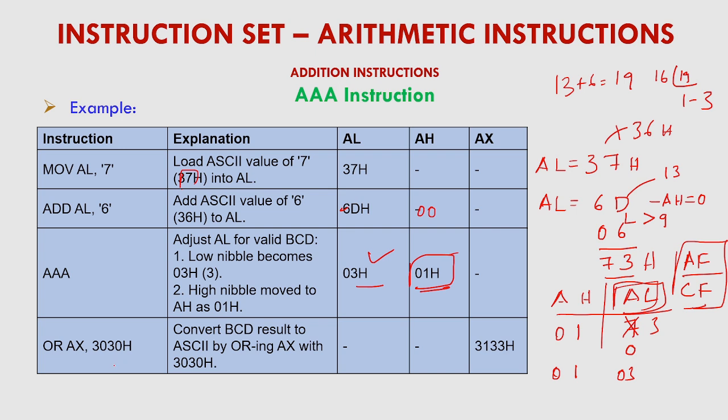Why? To convert to the equivalent ASCII value. Once you do this, you will get 3133, right? That will be the value in your AX. This is the corresponding ASCII value of 13. Okay, so this is how your AAA instruction works.